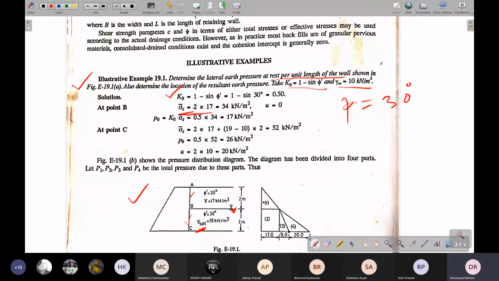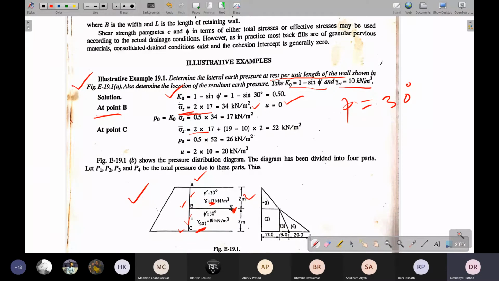Here there is no water table, u equals 0. First we will take point B, or you can take A, B, C, three points. At each point we first find the vertical stresses, then multiply with K naught.